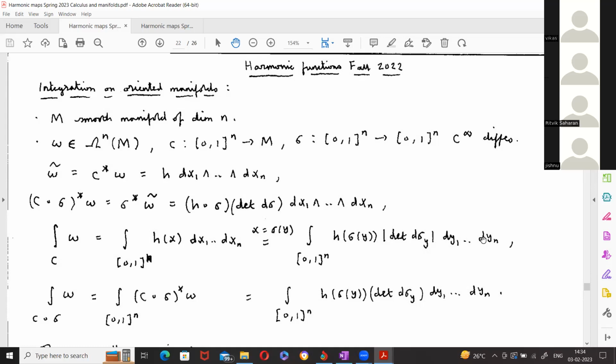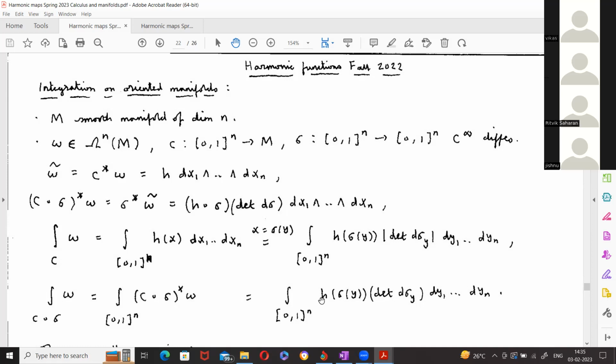On the other hand, if I look at the integral of omega over the reparametrized cube, c composed with sigma, then this is the integral over the unit cube of (c composed with sigma) star of omega. So that's going to be the integral of the function h composed with sigma times the determinant of d sigma over the unit cube.